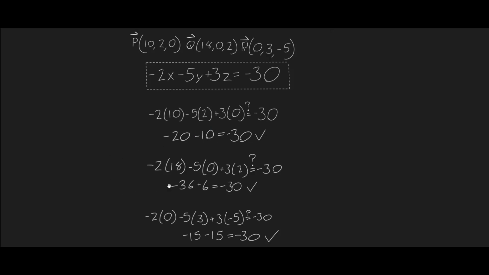For Q, x is 18, y is 0, and z is 2. So it's going to give us -36 plus 6, and that checks out. And finally, for R, we get x is 0, y is 3, and z is -5. So we get -15 minus 15 equals -30. So that's true. So now we know that these 3 points lie on the plane.